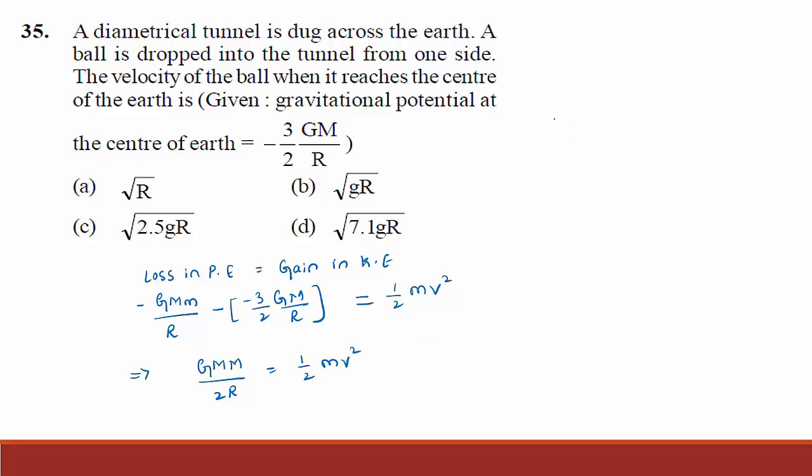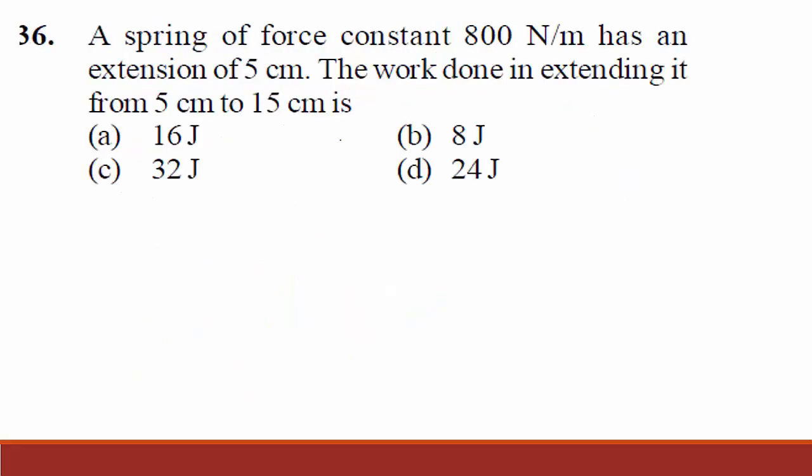Or we can write V equal to root of GM divided by R, or we can write V equal to root of g into R. So this is the velocity of the ball when it reaches the center of the earth. V equal to root of g into R. Option B is right.